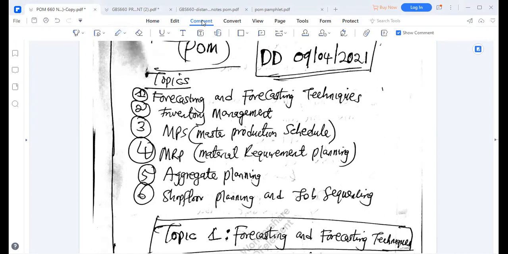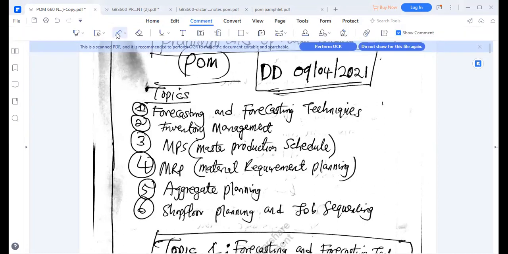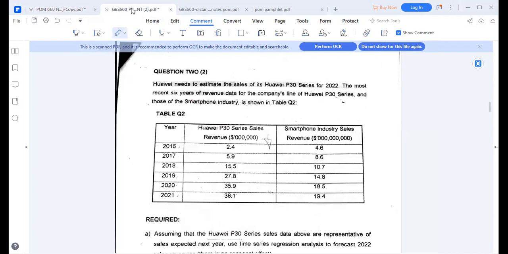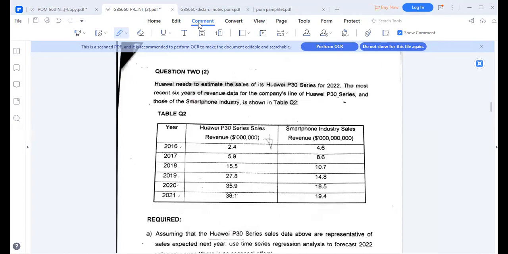All right, so now in forecasting and forecasting techniques, we have a number of things that we consider. First and foremost, we have to look at what is an independent variable and what is a dependent variable in forecasting.